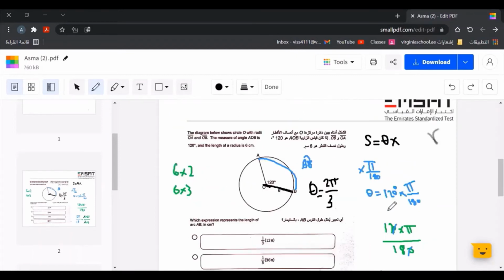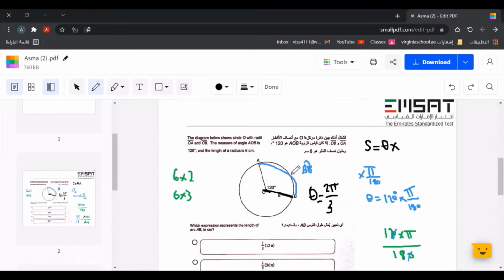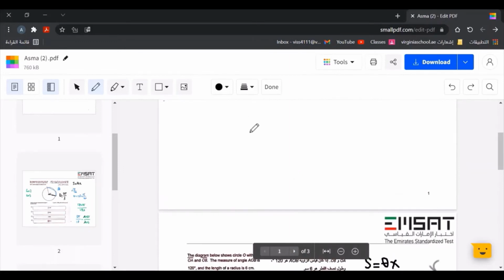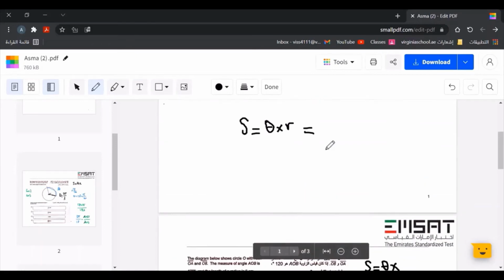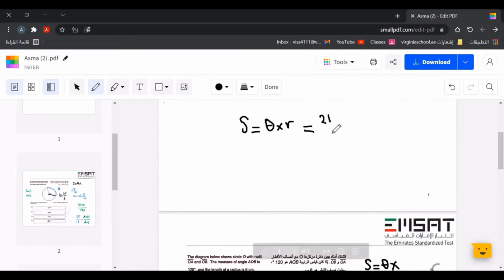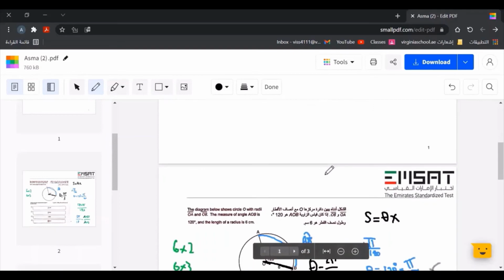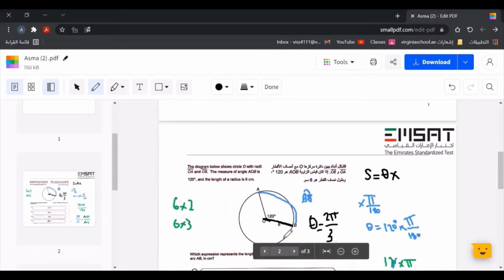Now we will find the arc length. So as I said, the arc length formula is S, the arc length, equals theta times r. So here we found theta, which is 2 pi over 3, times r, which is the distance between A and B, as I said, so it's 6.